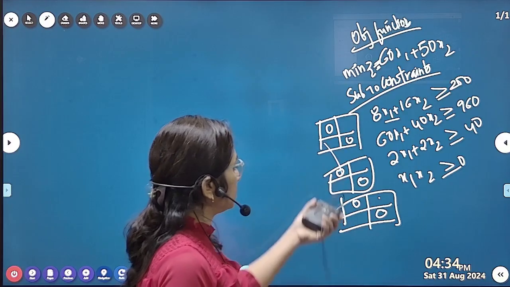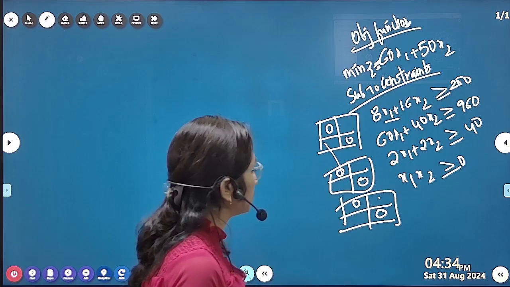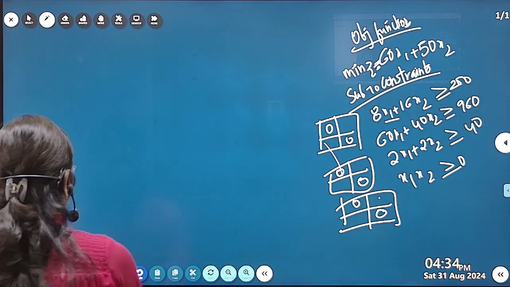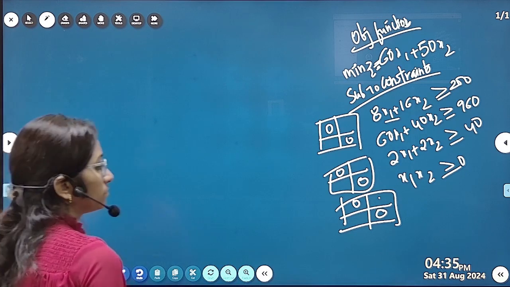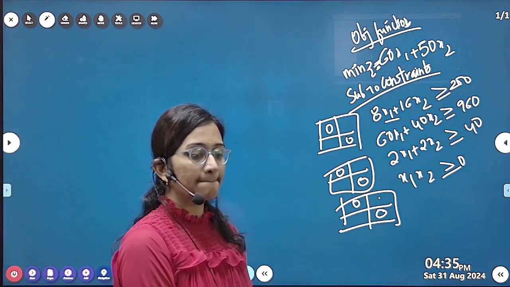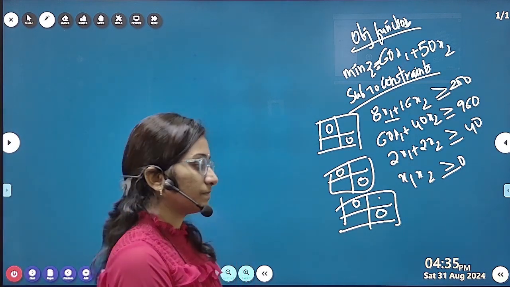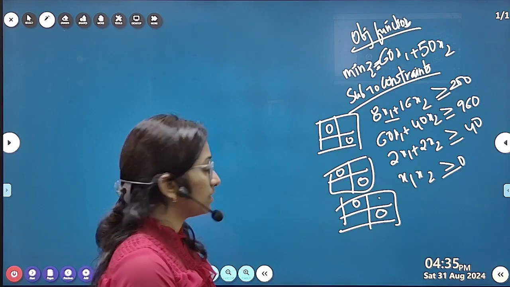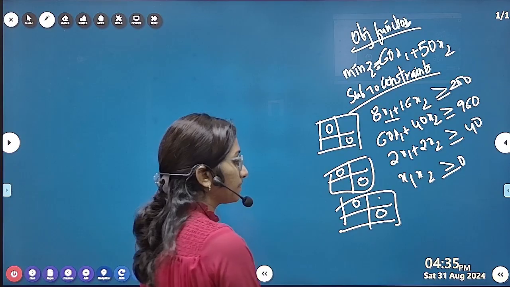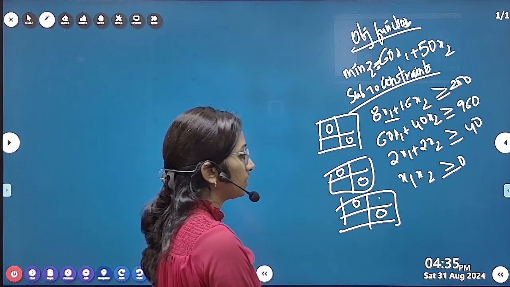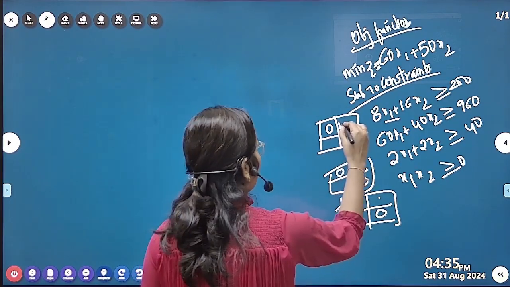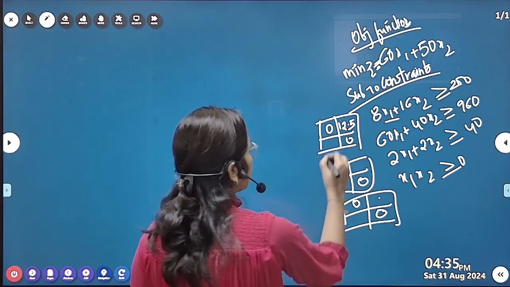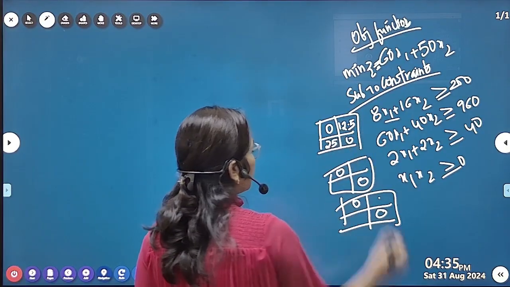Tell me all these three table values. Fastly. Yes, tell me. 12.5, ma'am, the first one. 12.5. And the one below, 25. 25.